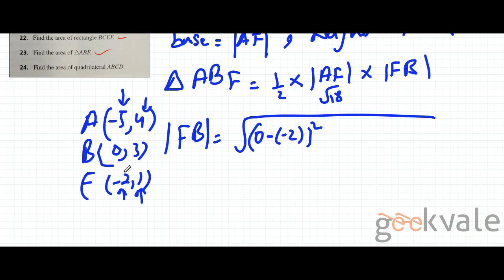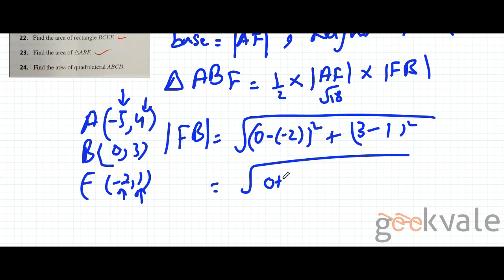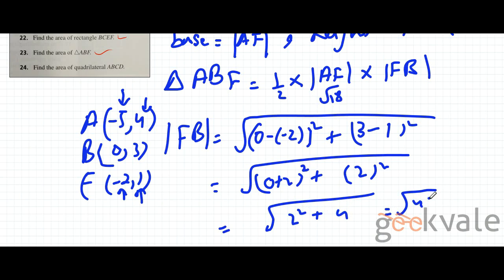You can do minus 2 minus 0, it still stays the same because you're taking the square. And y2 minus y1 will be 3 take away 1, whole square. You'll get 2 squared plus 2 squared, which equals 4 plus 4, which equals the square root of 8, which equals 2 square root of 2. So we calculated FB, which is 2 square root of 2.